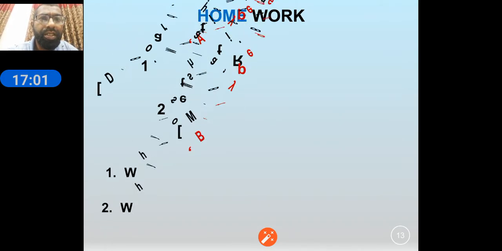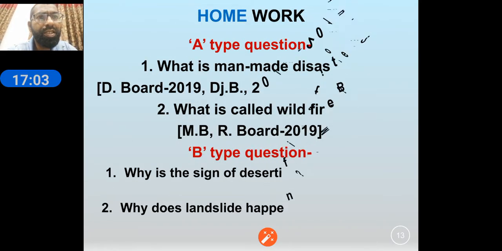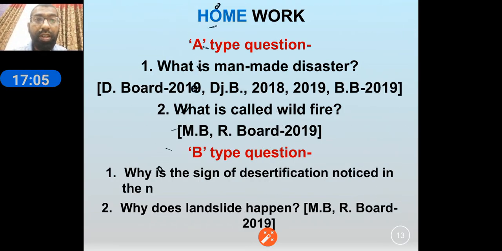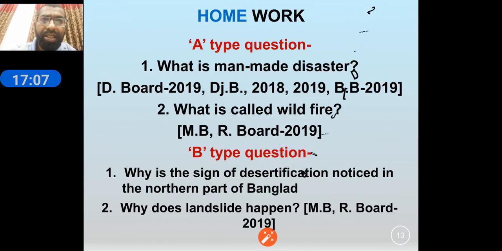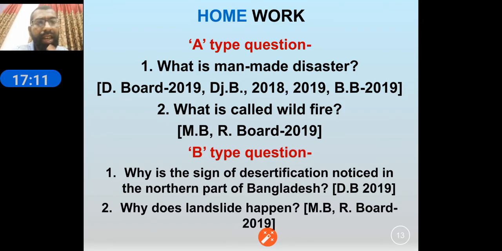Okay, now we can see some questions for practice, and that will be your homework. What is man-made disaster? You have already learned it. It came in the Dhaka board and Dinajpur board in 2019 and 2018. And what is wildfire, that we have discussed.